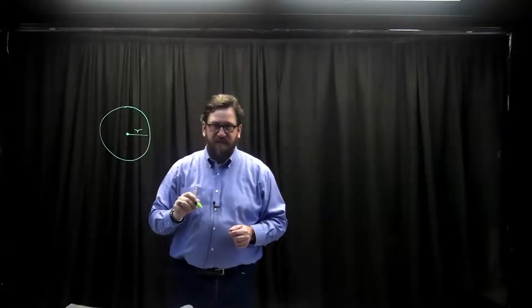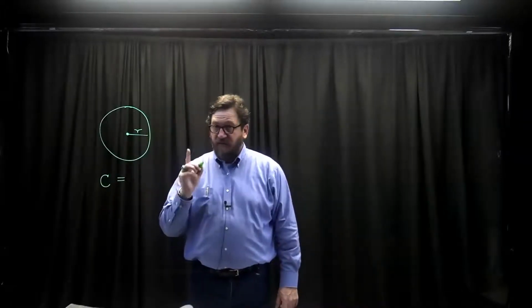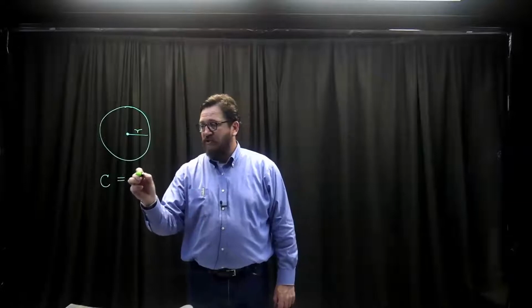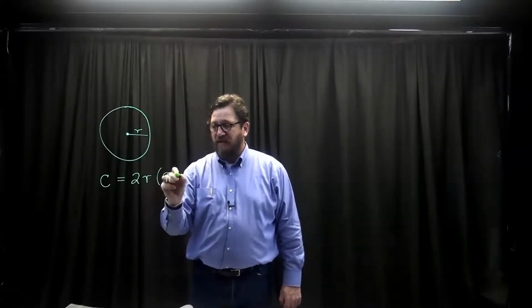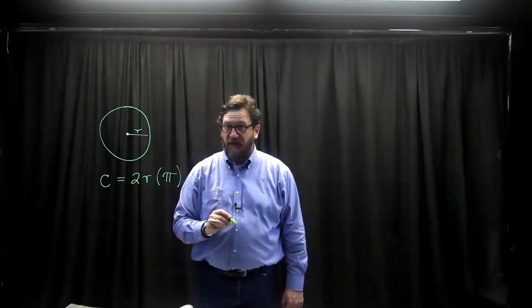Suppose I have a wheel. And forgive my drawing. And we know the wheel has a radius. Now tell me about the circumference of this wheel. The circumference of this wheel is 2 times the radius times this fantastic number called pi.